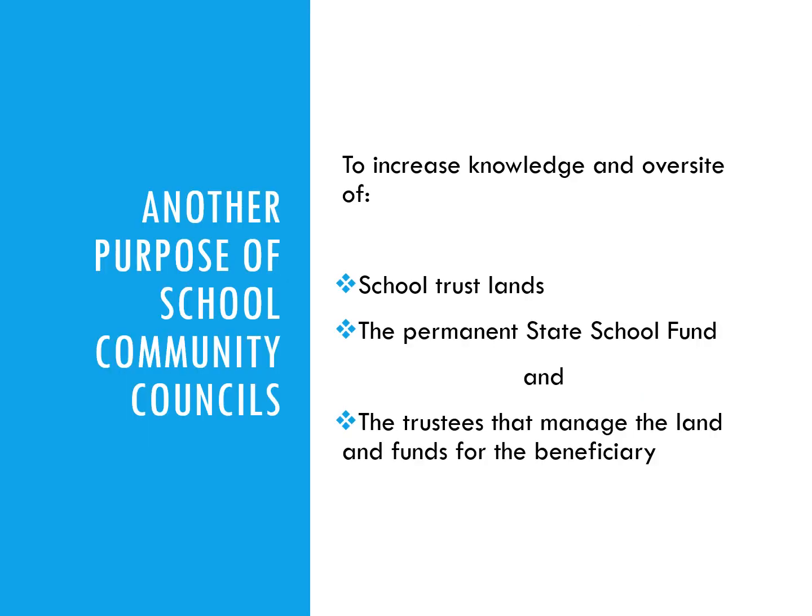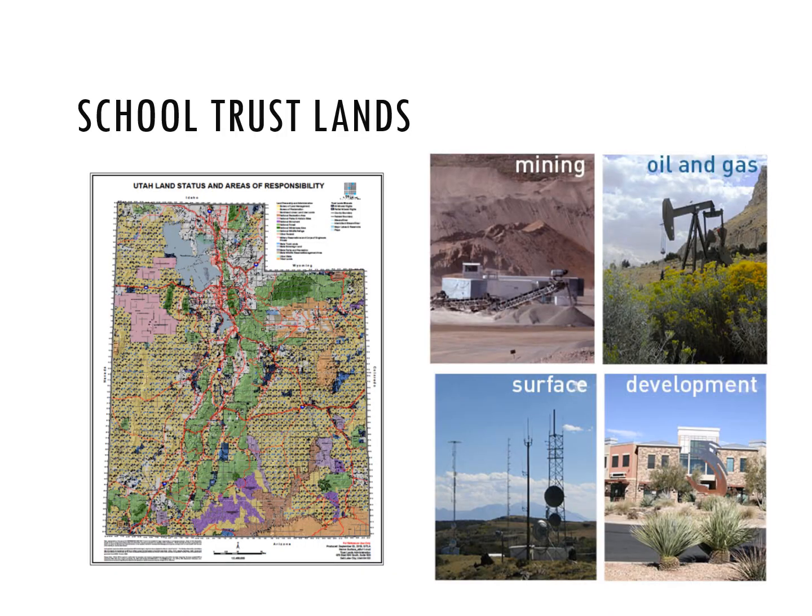Another purpose of school community councils is to increase knowledge and oversight of the school trust lands, the permanent state school fund, and the trustees that manage the land and funds for the beneficiary. School trust lands were given to the state at statehood to make up for the federal government retaining so much land in Utah that could not be taxed.